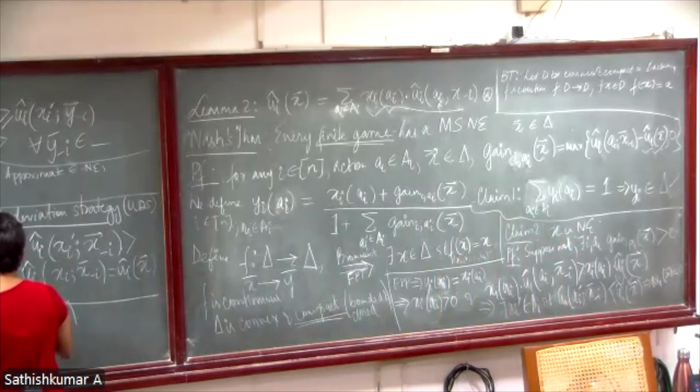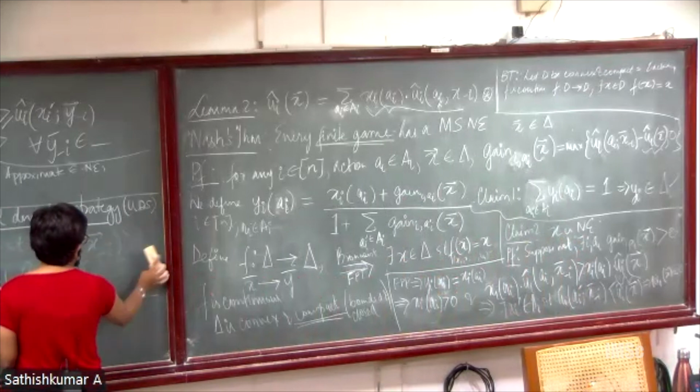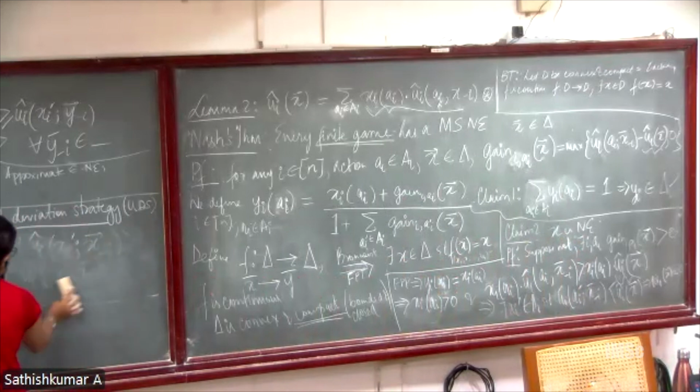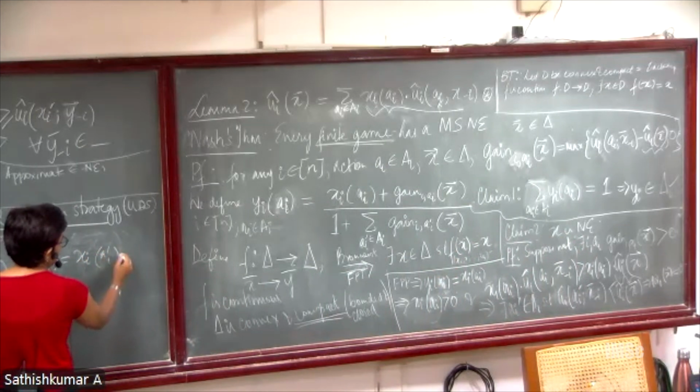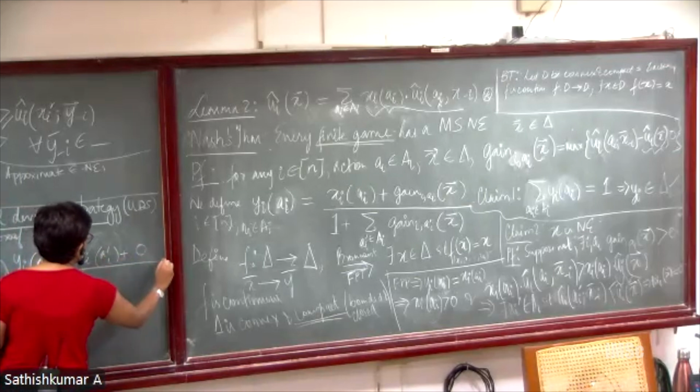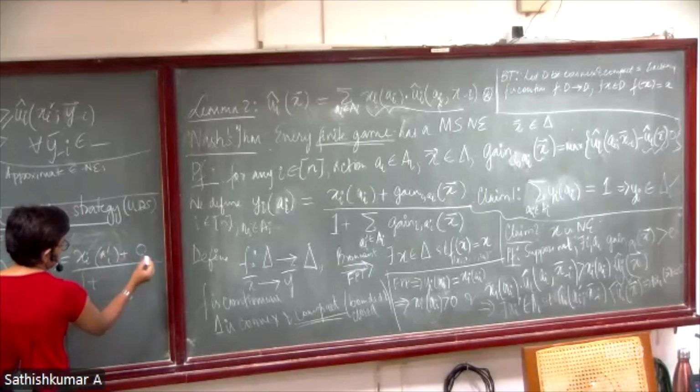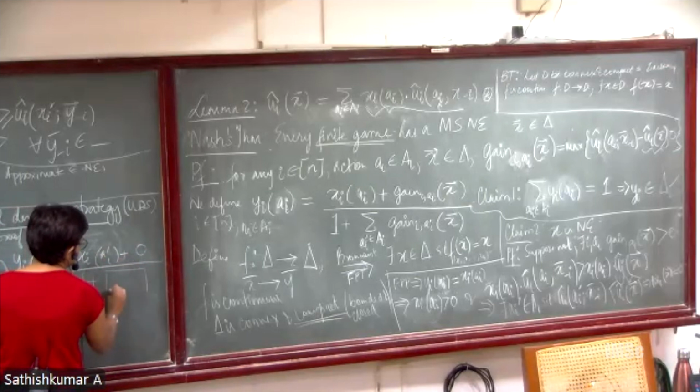You guys wrote this thing down, right? So y_i(a_i prime) is equal to x_i(a_i prime) plus the gain, which is 0, divided by 1 plus this quantity, correct?